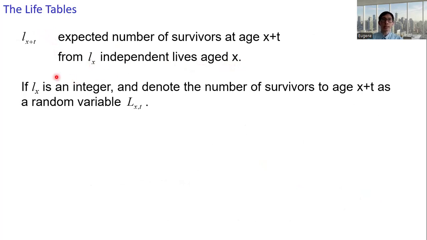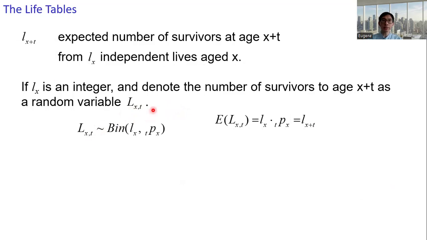If Lx is an integer and denotes the number of survivors to age x plus T as a random variable, Lxt, then Lxt follows a binomial distribution with n equals Lx, and the probability of success of the binomial distribution is TPX, the survival probability.